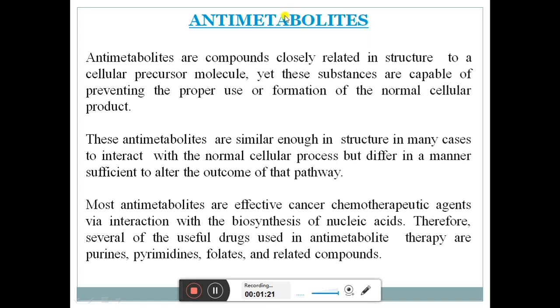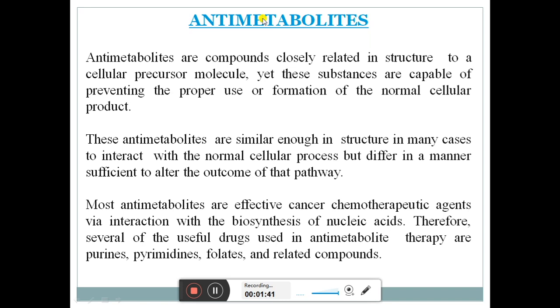It indicates that it forms a metabolic product. So these are compounds which form some metabolic products, biosynthesized or biologically important products, and these metabolic products become toxic to the cell.